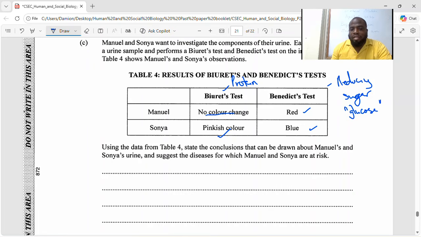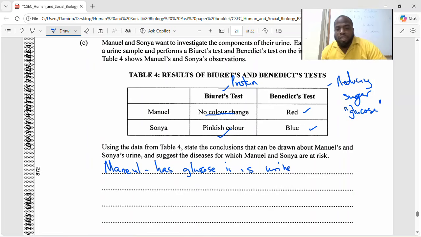So definitely Manuel has sugar, which is glucose, in his urine. And that's not good, because that simply means that something is wrong with his kidney, where glucose is getting into the urine.